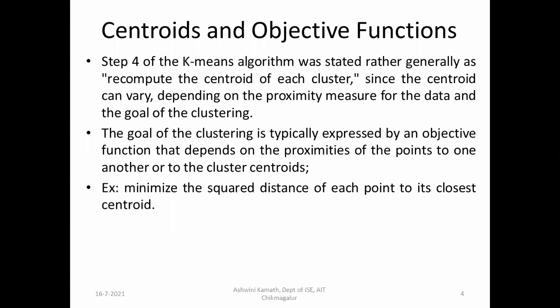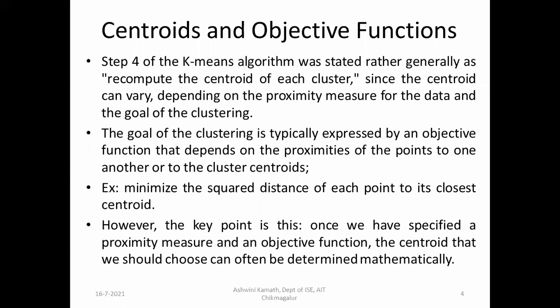Example: minimize the squared distance of each point to its closest centroid. So here we have to minimize. This is one method: minimizing the sum of squared distance of each point to its closest centroid. The key point is that once we have specified a proximity measure and an objective function, the centroid that we should choose can often be determined mathematically.